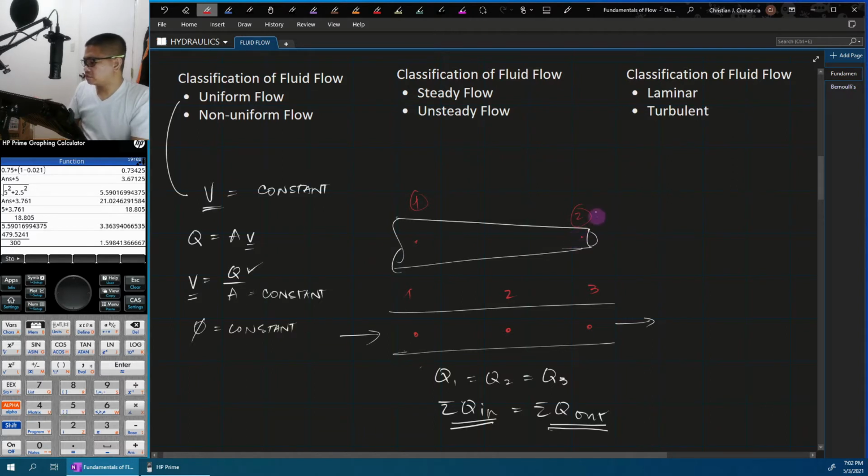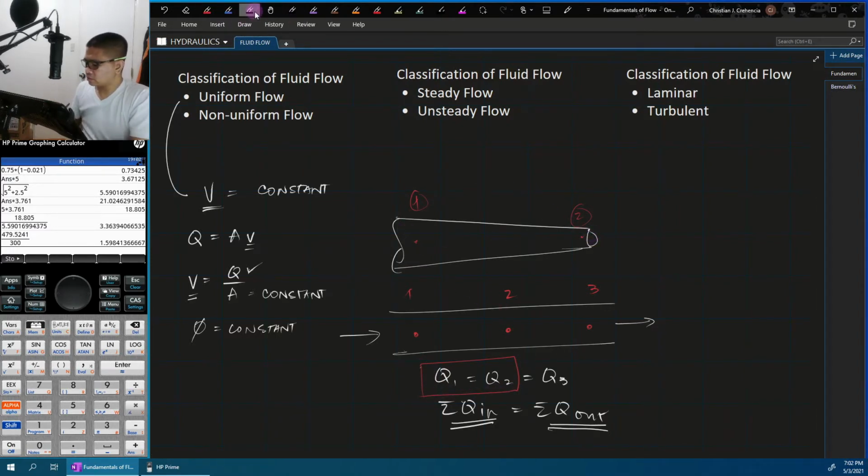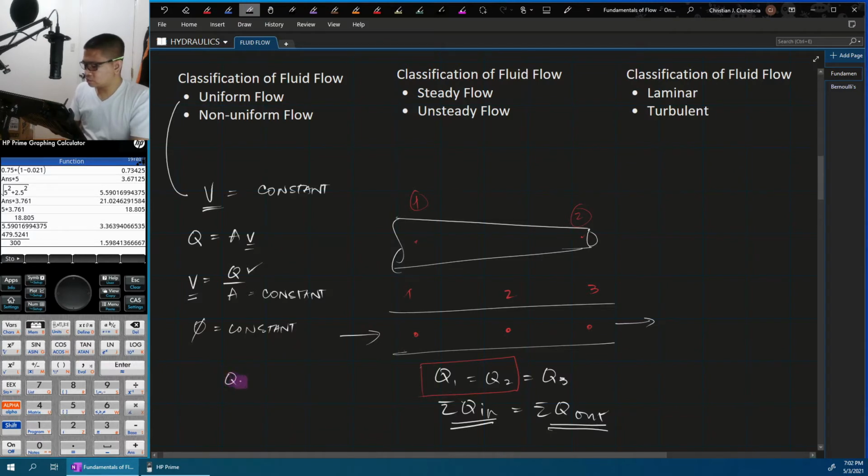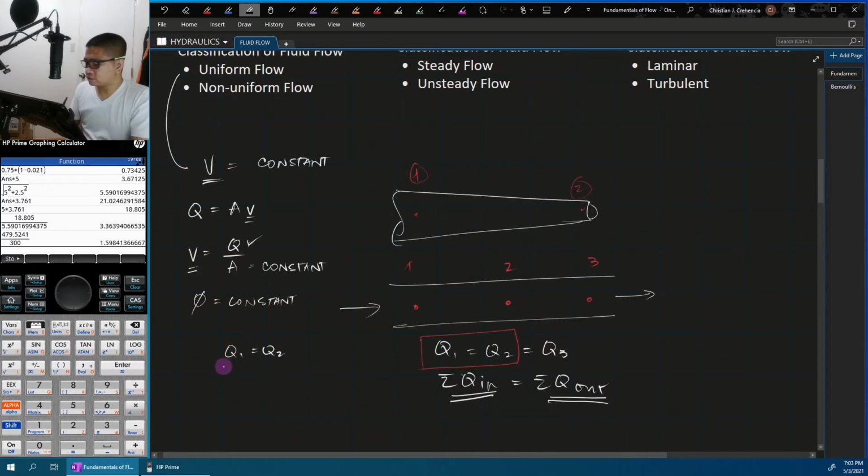Kasi by continuity equation, Q1 must be equal to Q2. Discharge Q is area times velocity. So A1 V1 is equal to A2 V2.